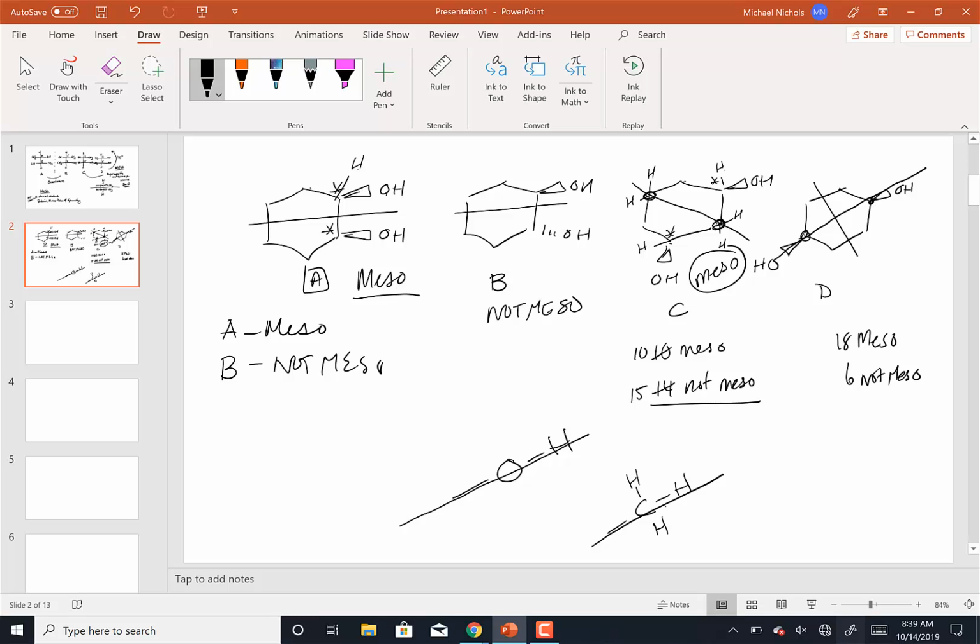So this is a mirror plane as well. I'm noting some skepticism. Okay, fine.